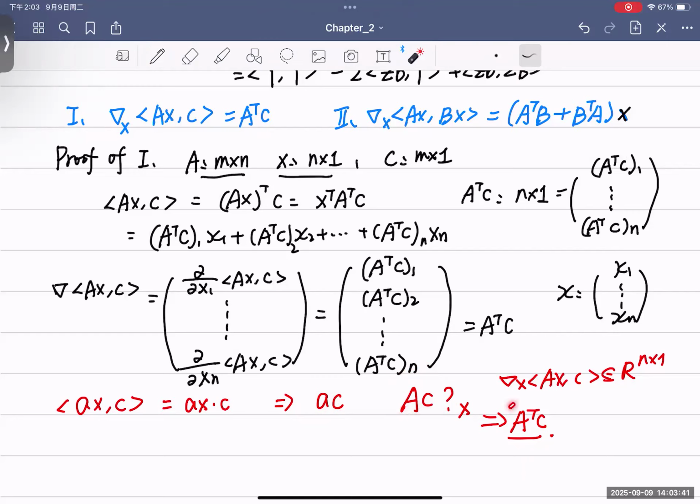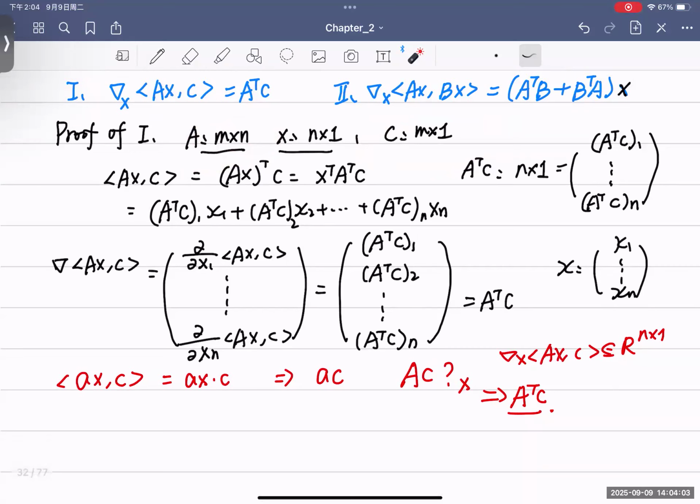But if we know the dimension of the result and the matching sizes, like A and C, to create an N times 1, we can only have this choice: A transpose of C. Just a trick to remember. This is the first part.